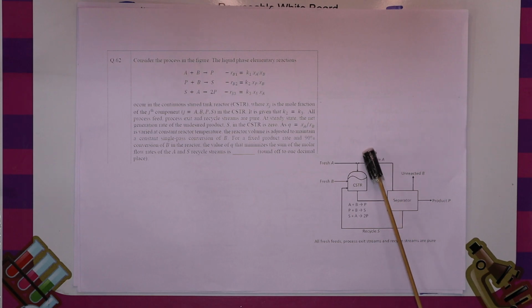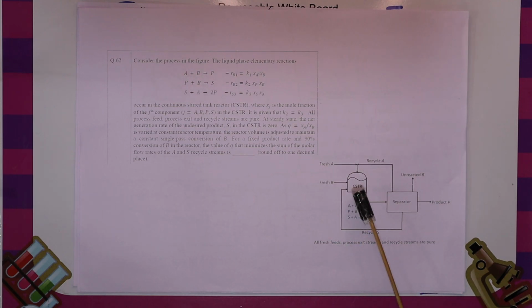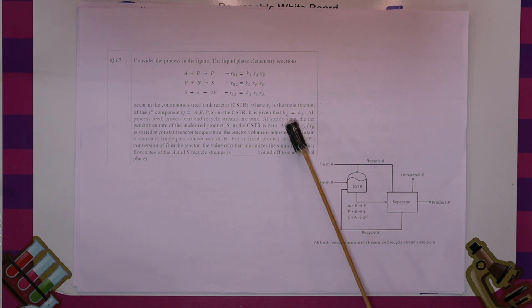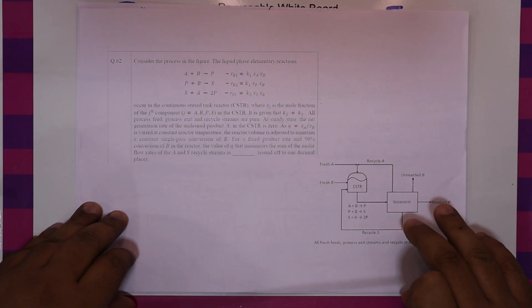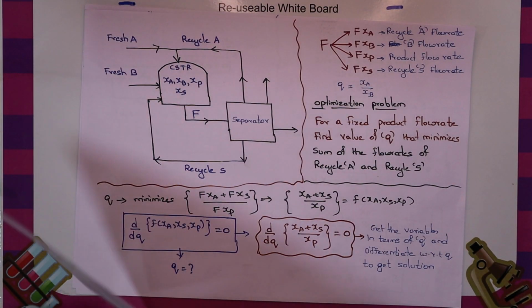That means we are targeting recycle A and recycle S. You have to somehow minimize, for this fixed product, the flow of A and S into the reactor using the value of Q. This is called the optimization problem. Let us tackle this in an efficient way.